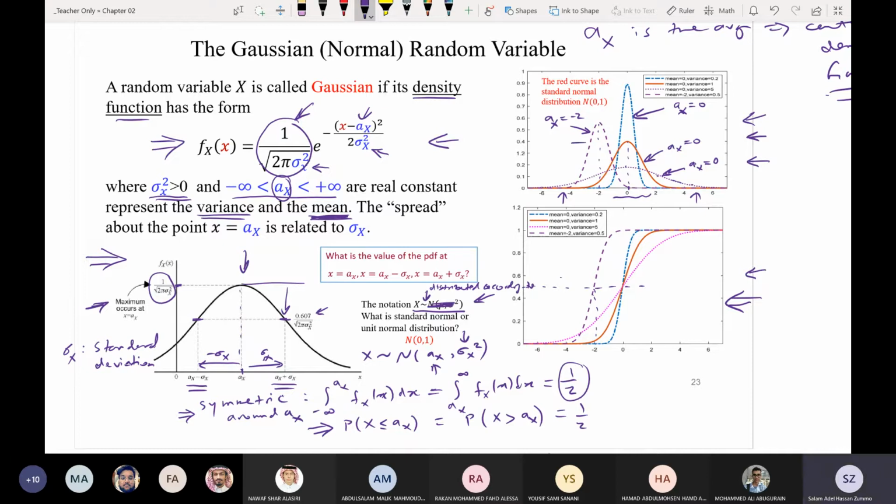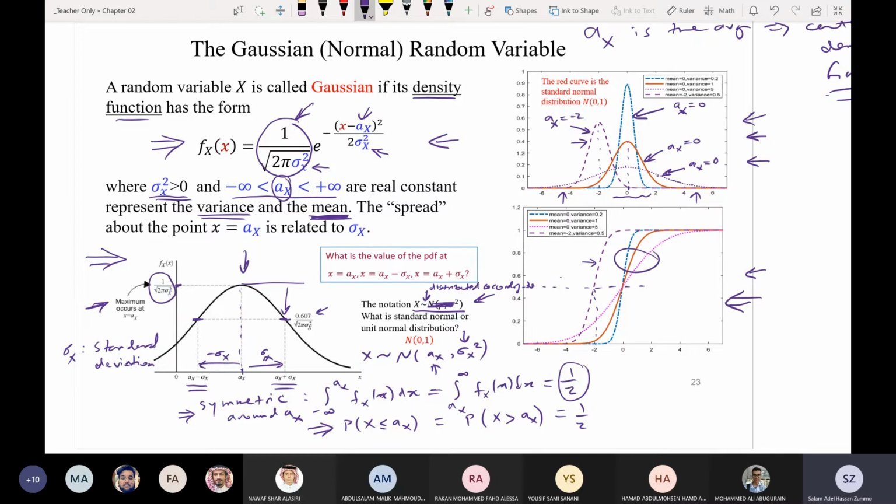Why? Because for x larger than the mean, the CDF, which is the probability that x is less than x, becomes half. So it exceeds half at the average.